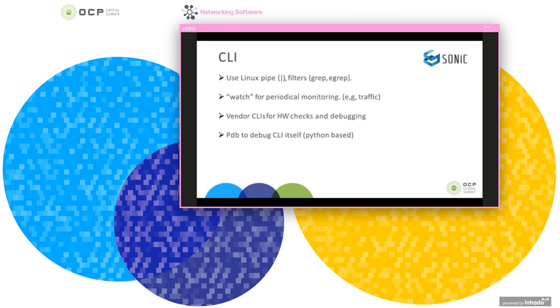And we use Windows CLIs to check hardware and debug the hardware things. And if the CLI itself has some problem, some crash, we use PDB. It's very easy, actually. It's Python. You can debug on the box itself, modify things in the box itself.